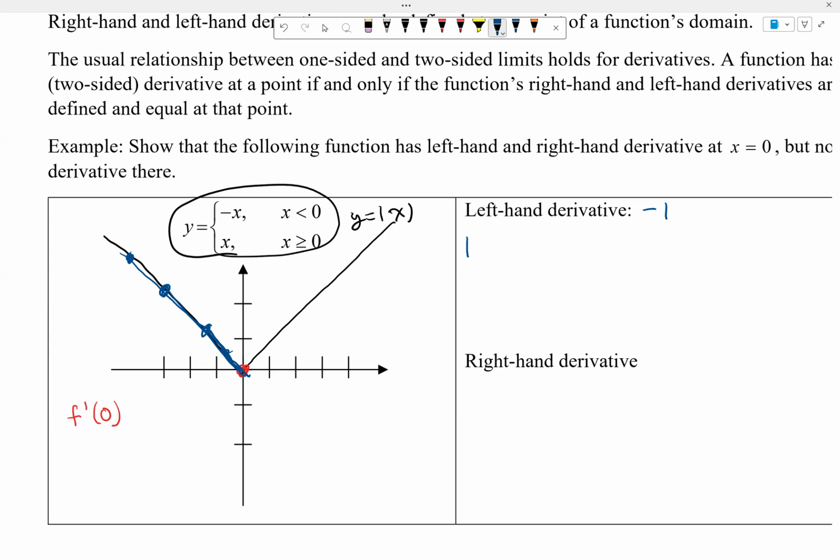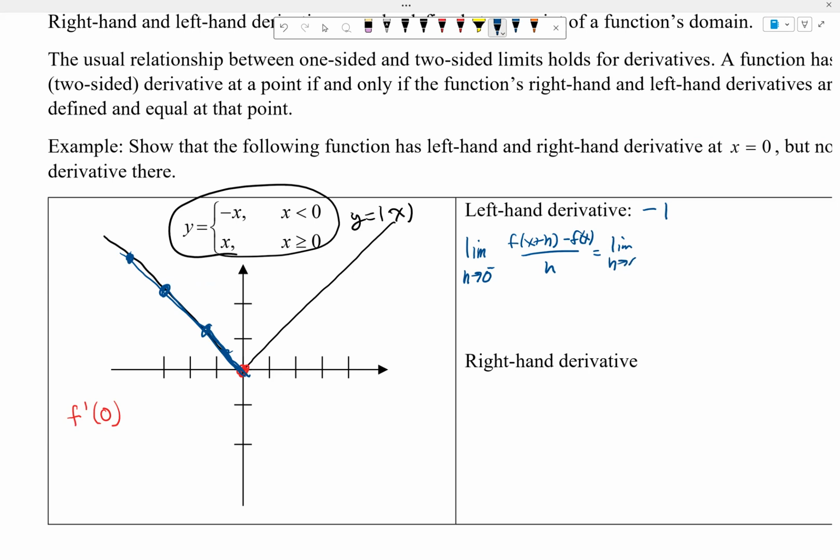Or if I wanted to be formal, the limit as h approaches 0 from the negative side of f of x plus h minus f of x all over h. Let me be a little bit more clear here.